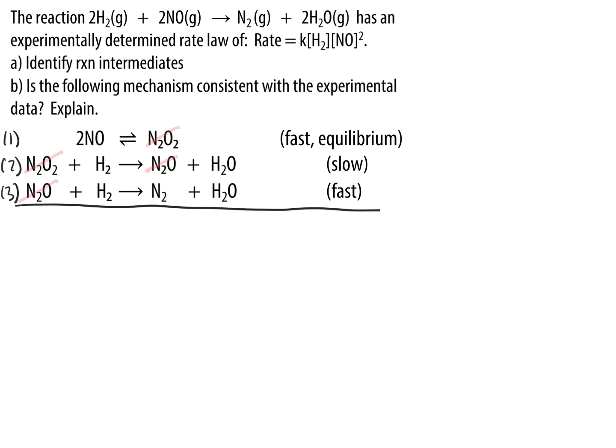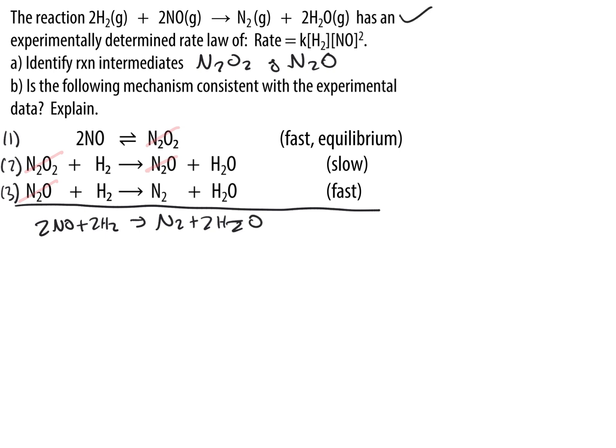I don't see anything else here that's canceling, and so our intermediates are N2O2 and N2O. Okay, for part B, the first step is just to check that we have the proper reaction, so 2NO plus 2H2 goes to N2 plus 2H2O, and that does match up above.